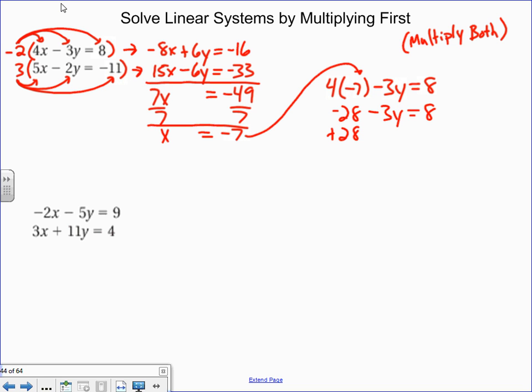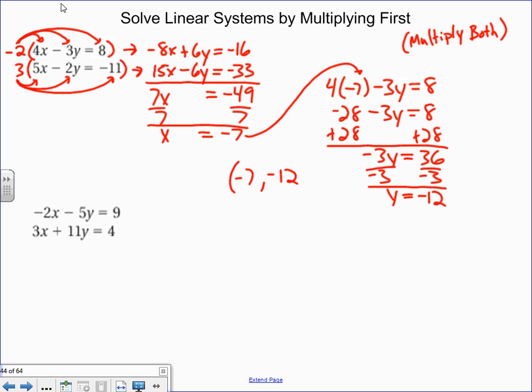Add the 28 to both sides. I'll get negative 3y equals 36. Divide by negative 3. And we get y equals negative 12. So my x is negative 7, my y is negative 12.